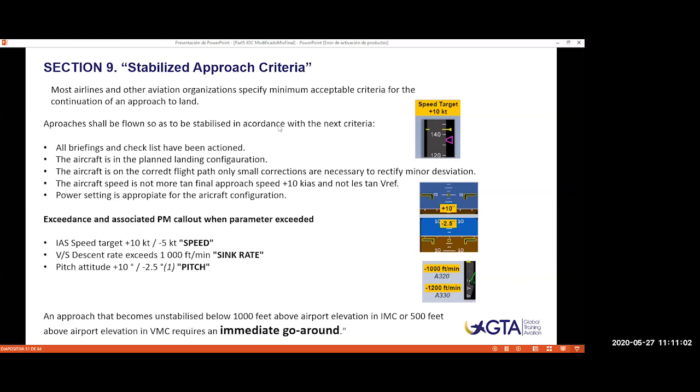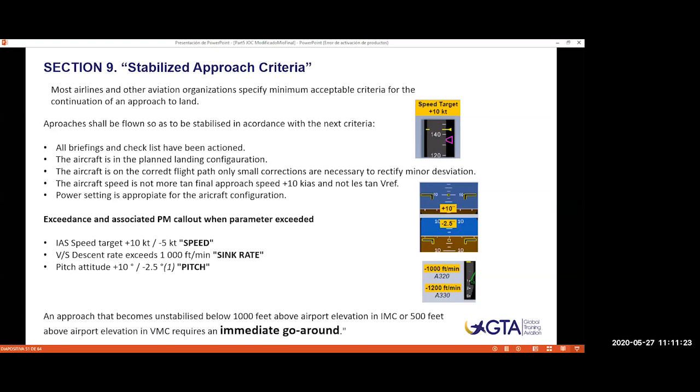The pilot flying is responsible for keeping the aircraft like this. If not, the pilot monitoring has to advise the pilot flying that you are not following. But you cannot say, oh, can you give me?